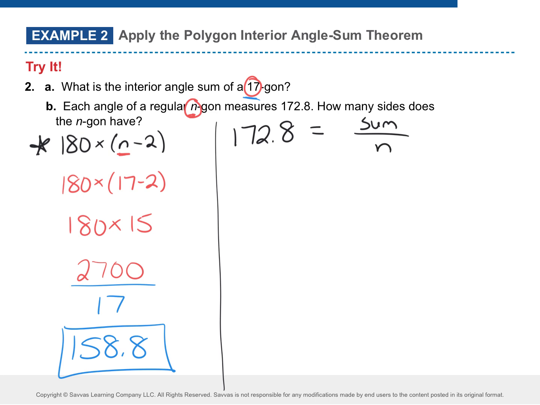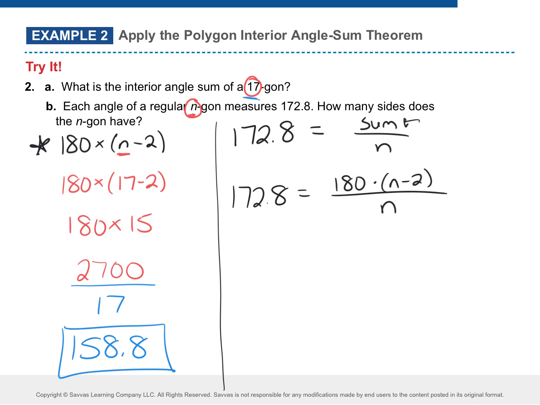Can we fill in information that describes how we found the sum? How did we find the interior angle sum? We use this, right? So I'm going to plug that in on the top: 180 times n minus 2. That's our sum divided by n.